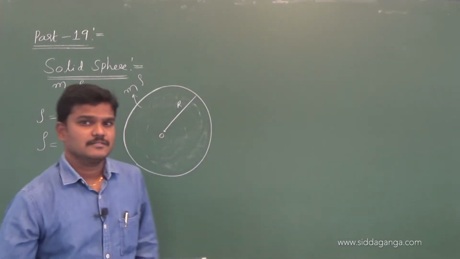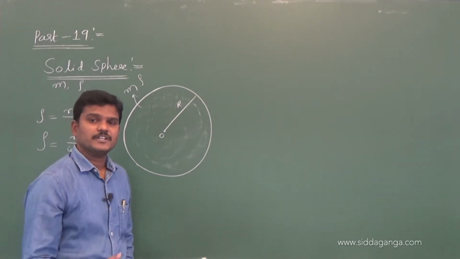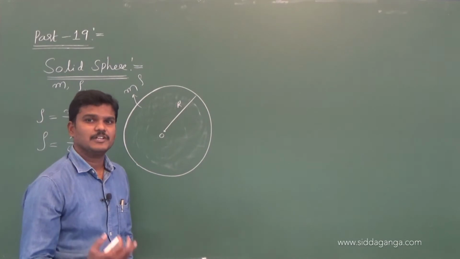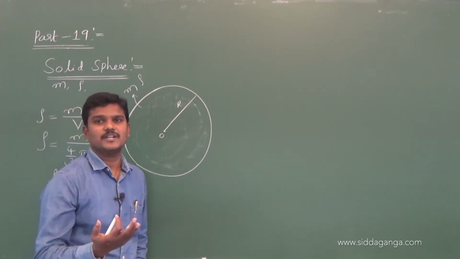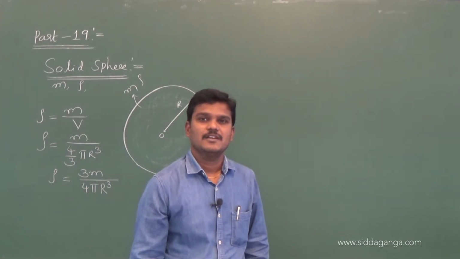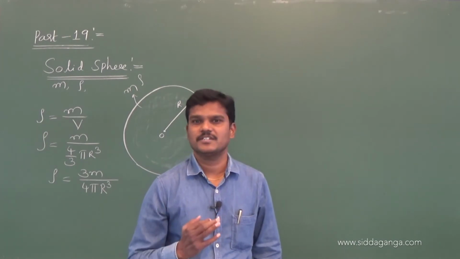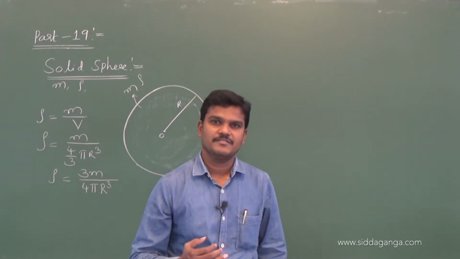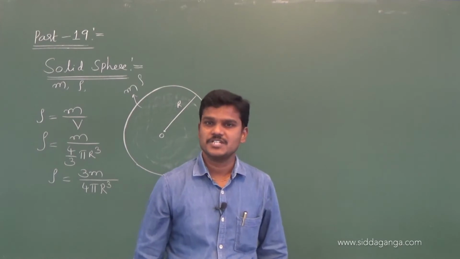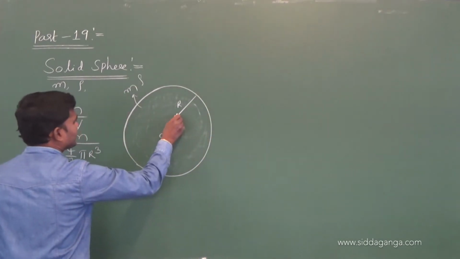Now let us take a small part. To find the moment of inertia of different objects, we will take a small part and apply integration with proper limits. Let us take a small part in this solid sphere and apply the integration with proper limits. Then we will get the moment of inertia of the solid sphere.